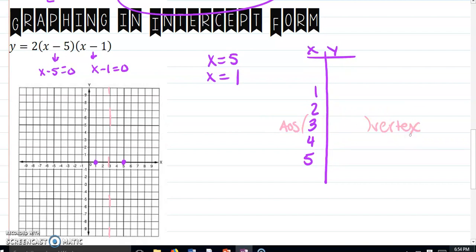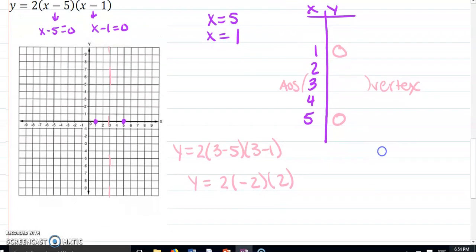So we can plug in 3 to find out what the vertex is. So we know we have (1, 0), (5, 0), and the vertex. We could plug in 2 and 4, but it won't be necessary once we have the vertex. So y equals 2(3 minus 5)(3 minus 1), y equals 2 times negative 2 times 2. 2 times negative 2 is negative 4 times 2 is negative 8.